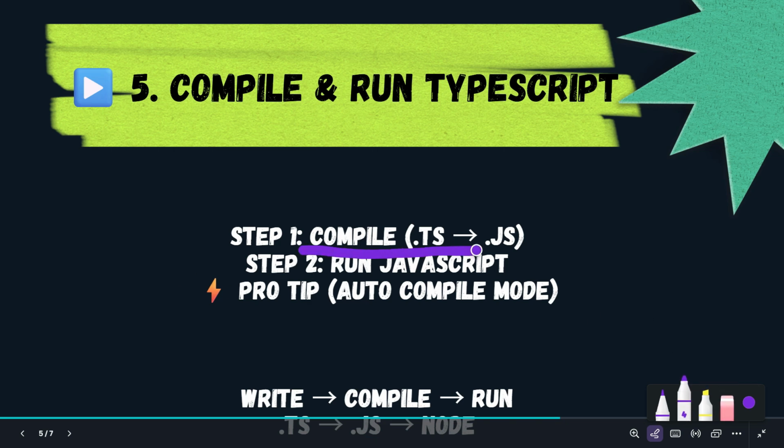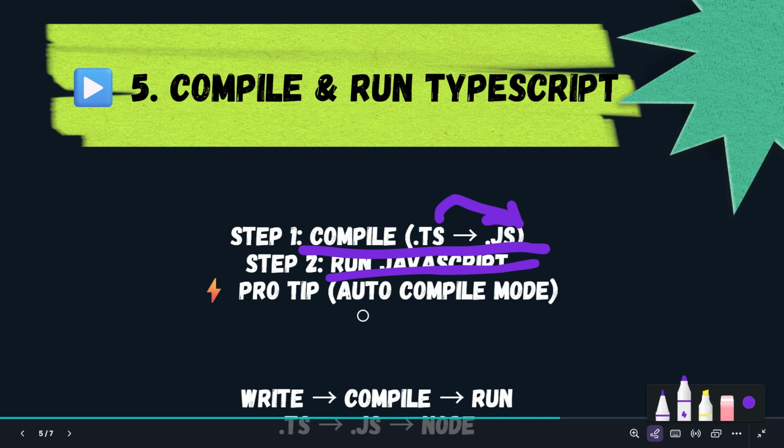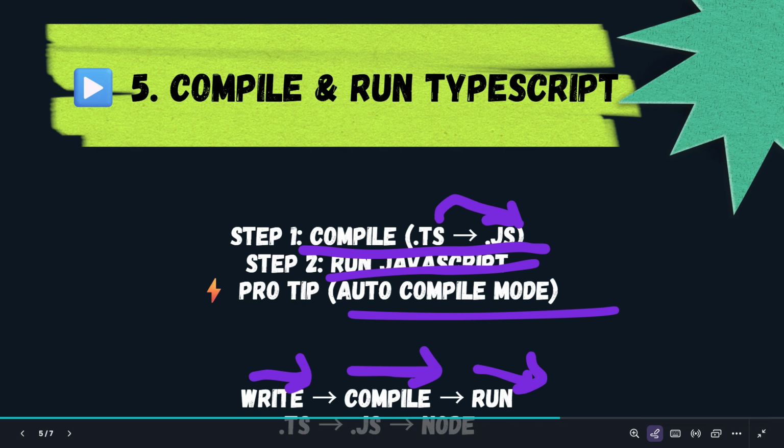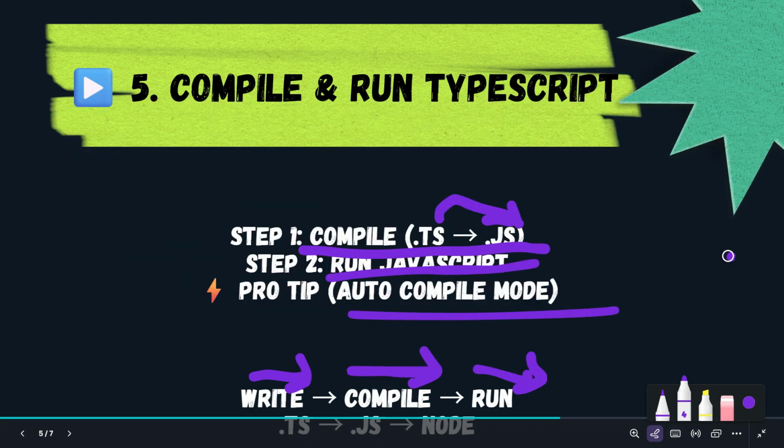First it compiles the .ts file and converts it into a corresponding JS file, then you run your JavaScript file. Then there is the auto compile mode: you write, then compile, then run, and your TS file is converted into a JS file, then you just write node index.js. You know how to run your JavaScript file. It is simple because your TS file is ultimately converted to a JS file. It is all about your JS files.